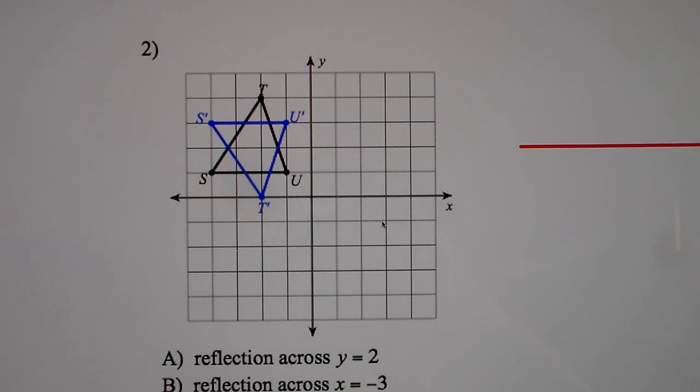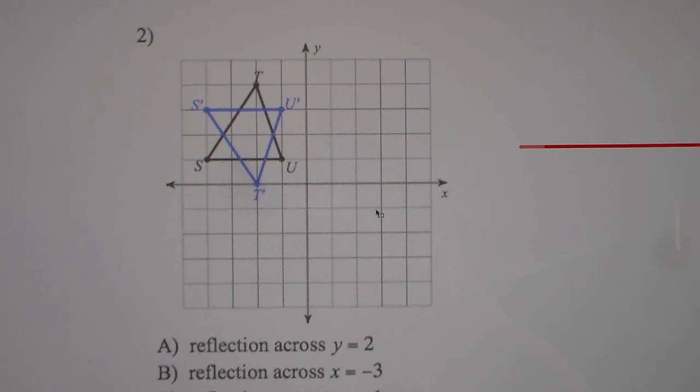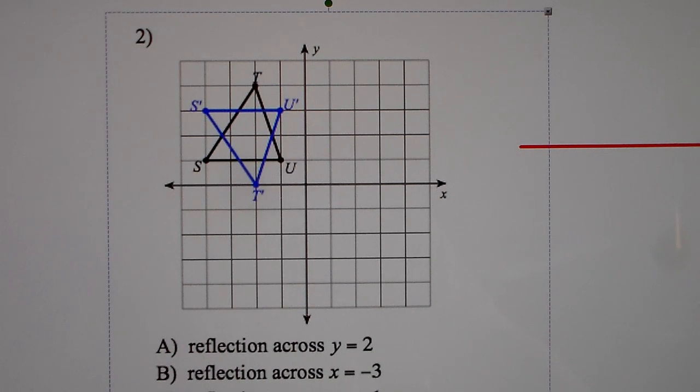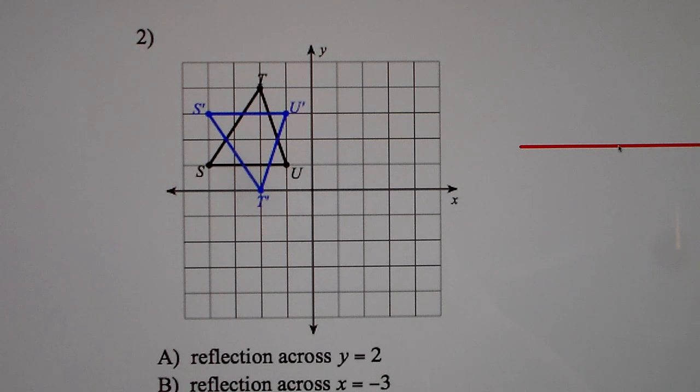Let's do another. So looking here at problem number 2. You have to identify where the line of reflection is. So going from the black triangle to the blue triangle, we know a reflection has to be the same distance apart.